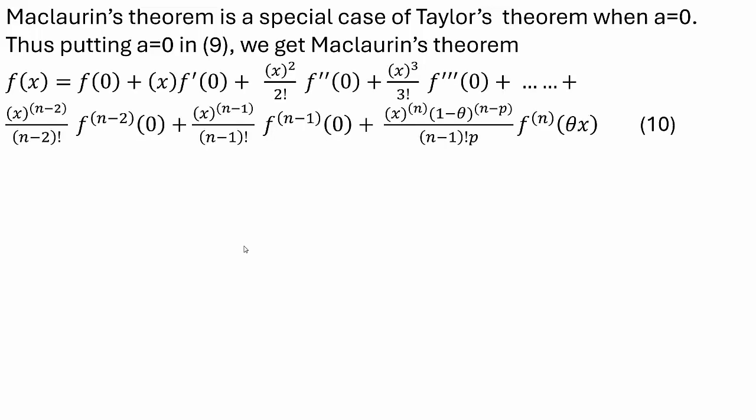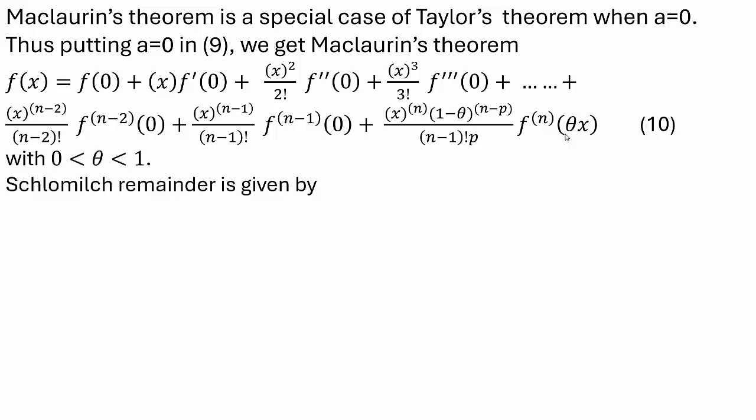Maclaurin's theorem is f of x equal to f of 0 plus x into f dash 0 plus x square by factorial 2 into f double dash 0 plus x cube by 3 factorial into f triple dash 0 plus so on, x raised to n minus 1 divided by n minus 1 factorial f^(n-1) 0 plus x raised to n into 1 minus theta raised to n minus p divided by n minus 1 factorial into p into f^n theta x. This is obtained by substituting a equal to 0 in Taylor's theorem, that is in equation 9. Here also theta lies between 0 and 1.